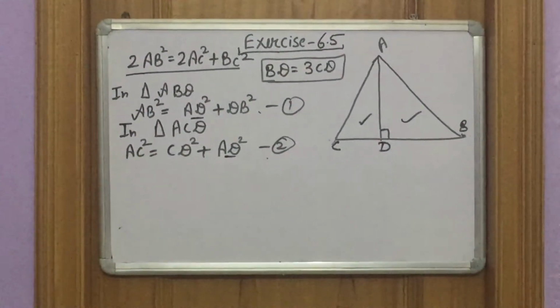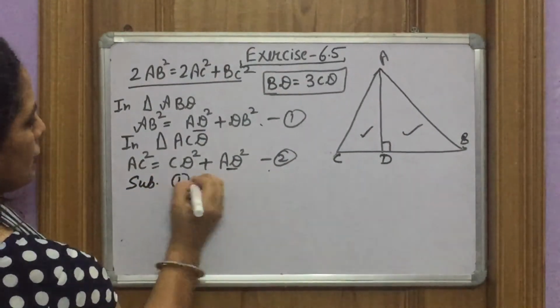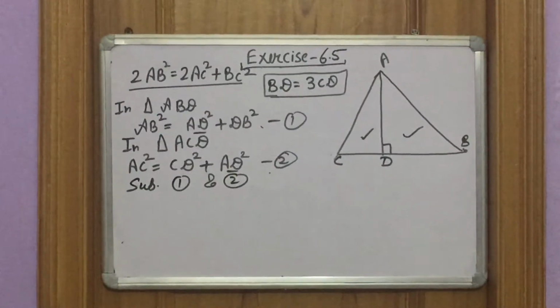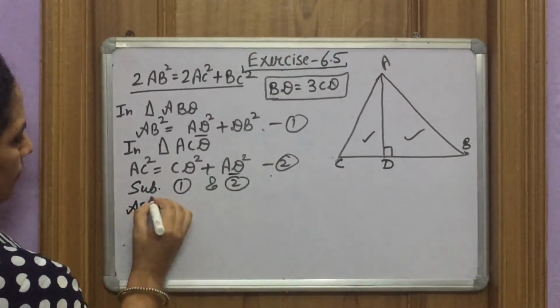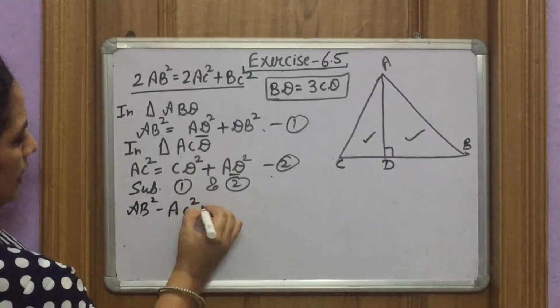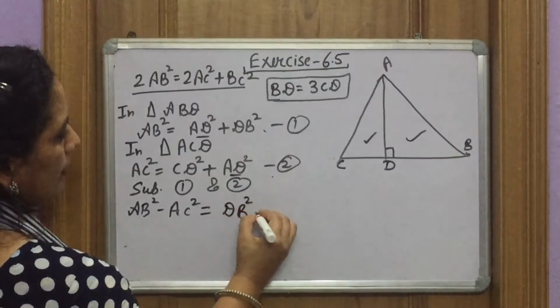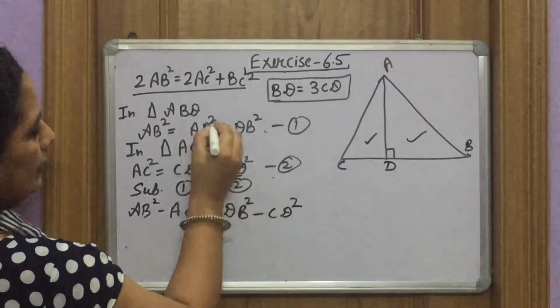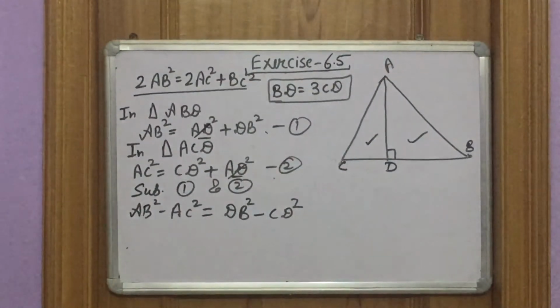Subtract first and second. Then we will get AB square minus AC square is equal to DB square minus CD square, because the AD term is cancelled out, being the same in both of the equations.